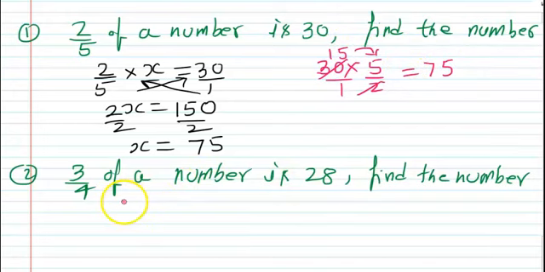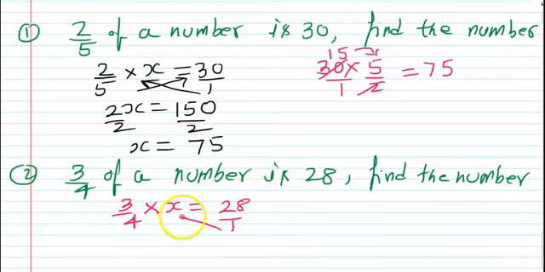Next one, 3/4 of a number, of means times, number is 28. So cross multiply, 1 times 3x is 3x and 4 times 28 is how much? 112. Yeah.